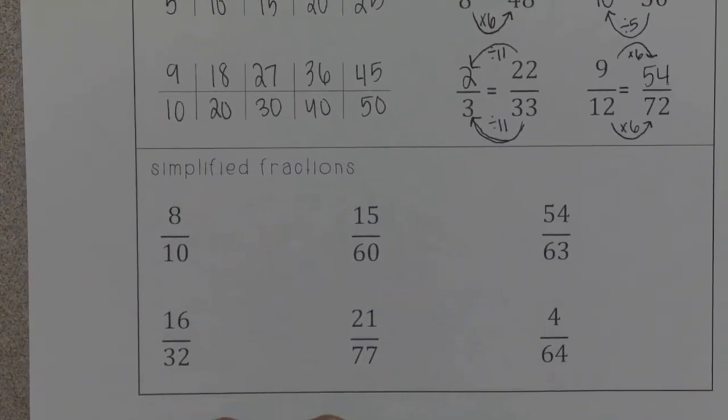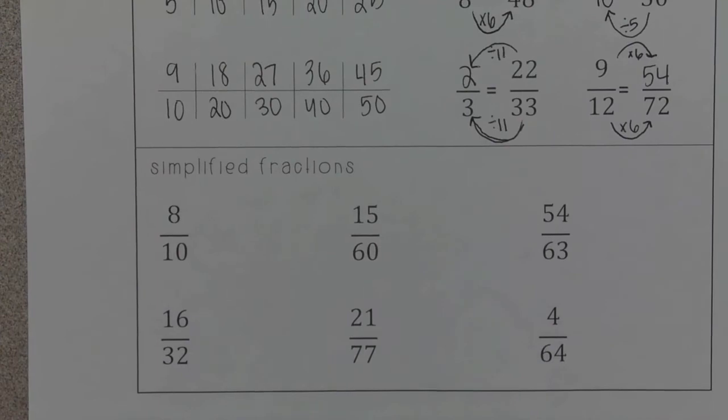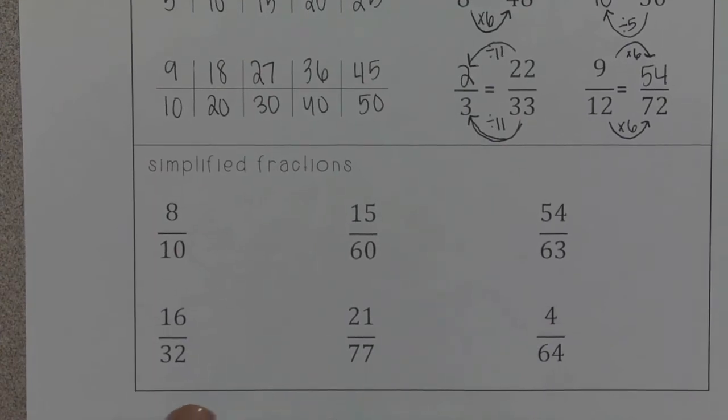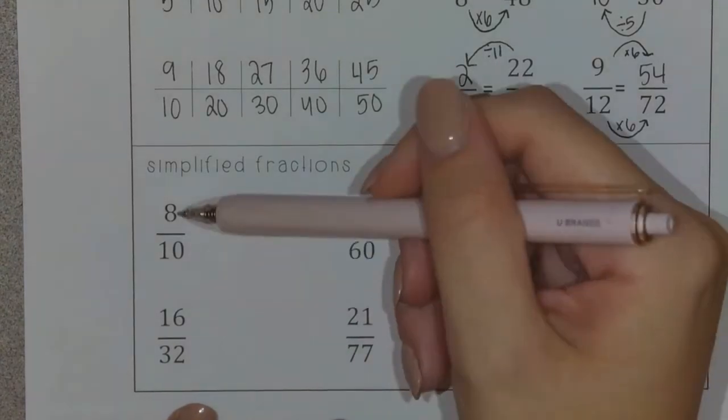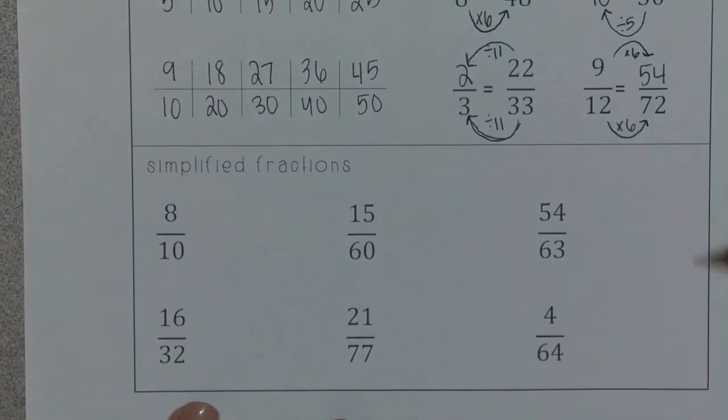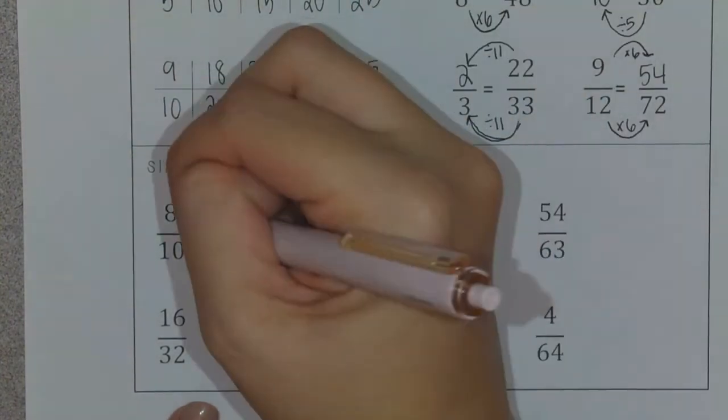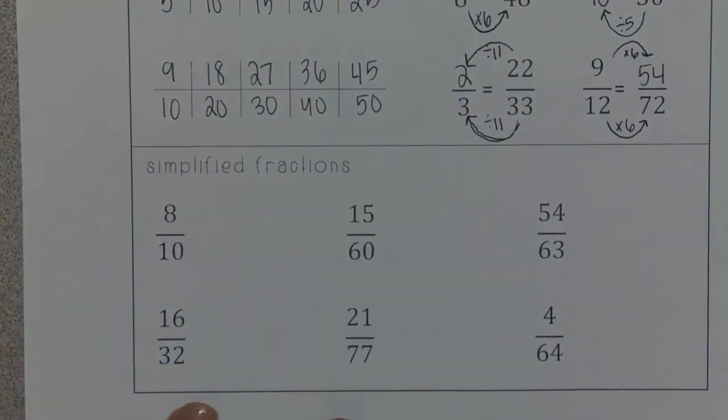So when I simplify fractions, I'm trying to put it in its simplest form. I'm trying to get the smallest fraction possible while again keeping the value the same. So what I'm looking for here is a number that my numerator and my denominator are both divisible by. So I see that 8 and 10 are both even numbers.